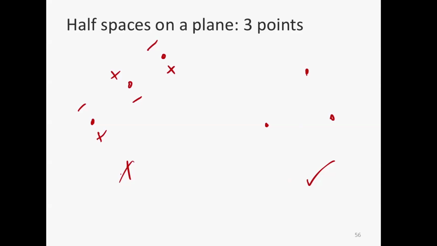But now let's consider 4 points. There was already a comment on Zoom about 4 points. Let's consider 4 points on a plane. Can 4 points be shattered? Why?